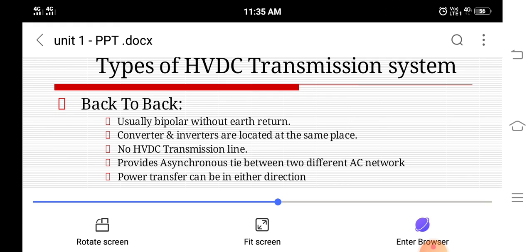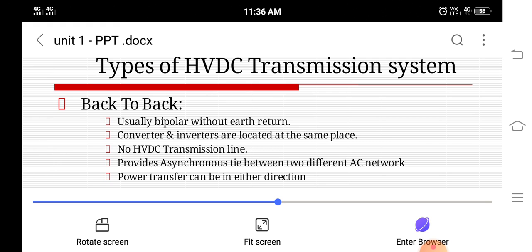Then back to back HVDC transmission. This back to back link is usually bipolar without earth return. In a back to back connection, the converter and inverter are always located at the same place.